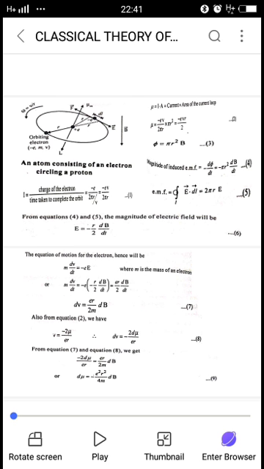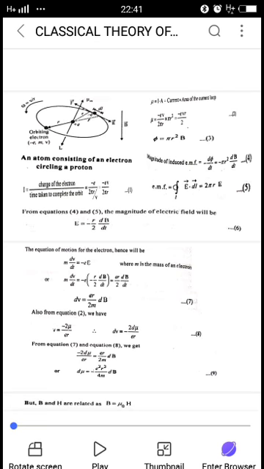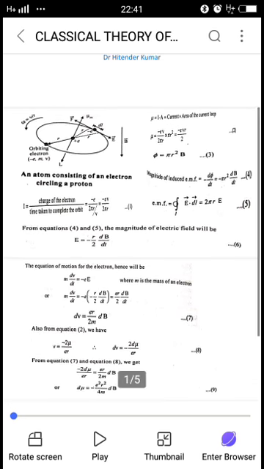The magnitude of the induced EMF according to Lenz's law is given by minus d phi by dt, or from equation 3, with phi equal to pi r square B, taking the time derivative we write it as minus pi r square dB by dt. We give it equation number 4.